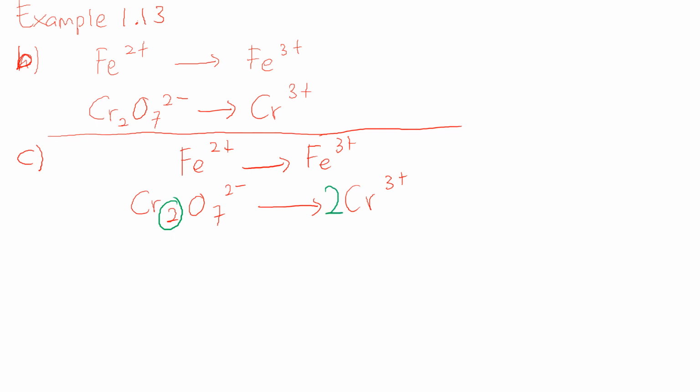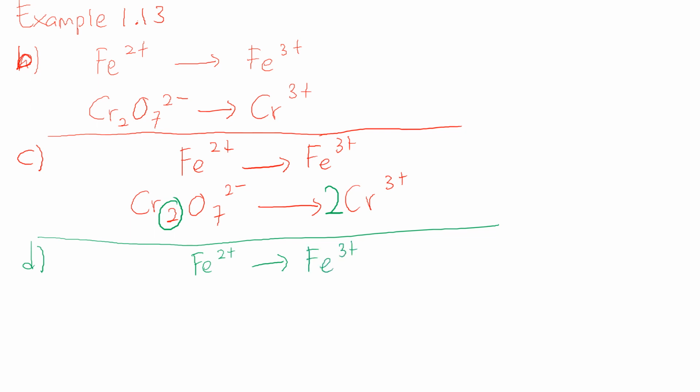And then we take a look at D. It mentioned for a reaction in acidic solution, add H2O to balance O atoms and H plus to balance H atoms. Since Fe doesn't have any O and H, it is as it is, Fe3 plus.